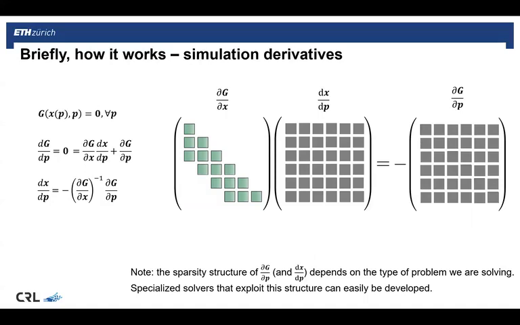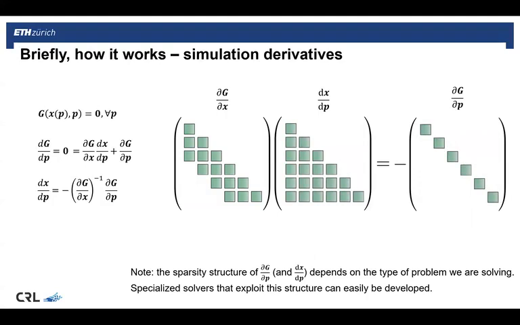For some types of control problems where we have independent parameters for every time step, we can easily observe that partial g, partial p has a block diagonal structure that's very simple. And that means that we can employ specialized solvers to compute dx/dp. We can use, for example, block forward substitution, and this will allow us to solve the system very efficiently.